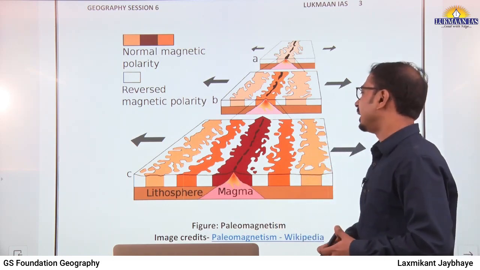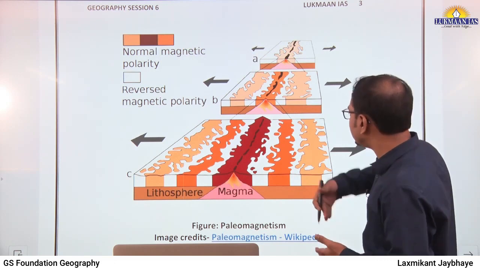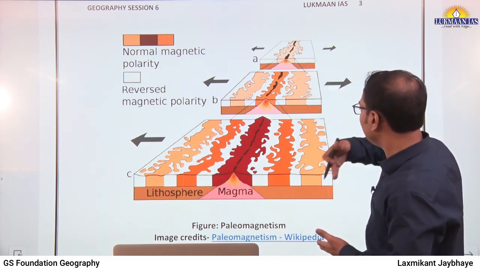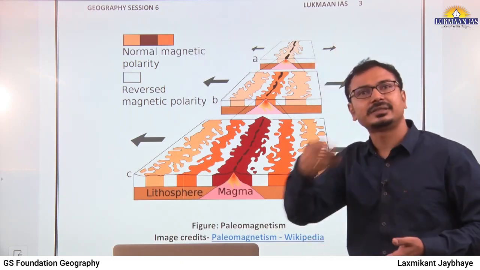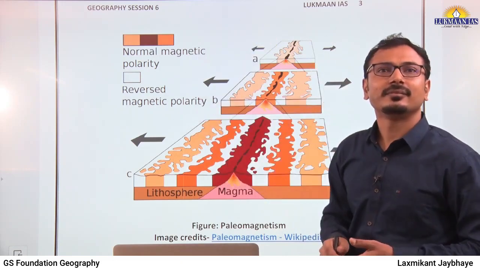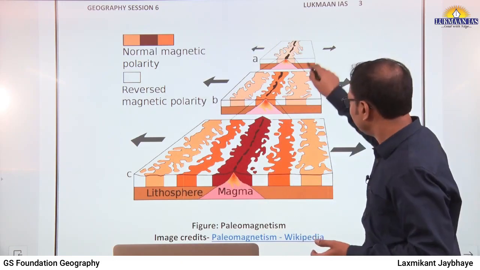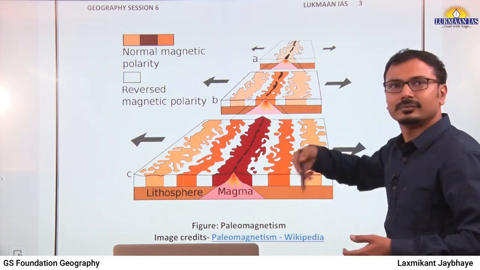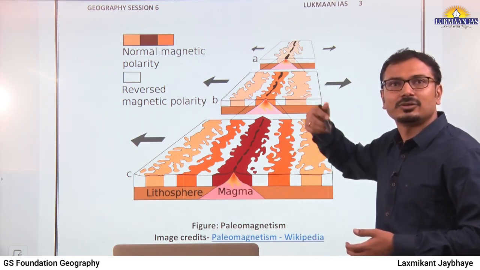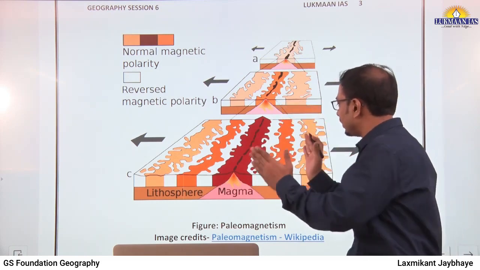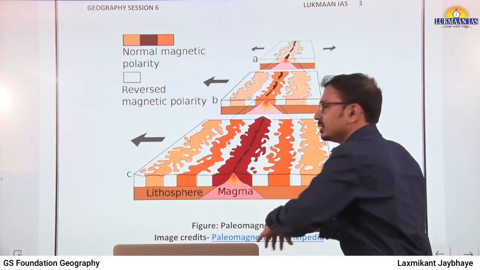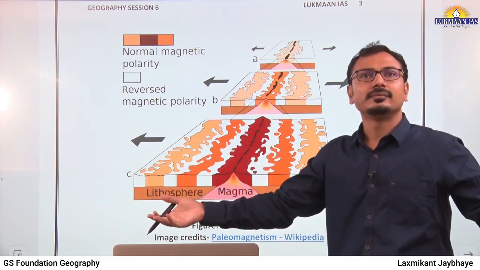Because of that, we are able to understand that stripes are created like this. That means along this line, all the rocks have the same polarity. Along this line in the ocean floor, they have the same polarity, and the adjacent stripes, these rocks, have different polarity.